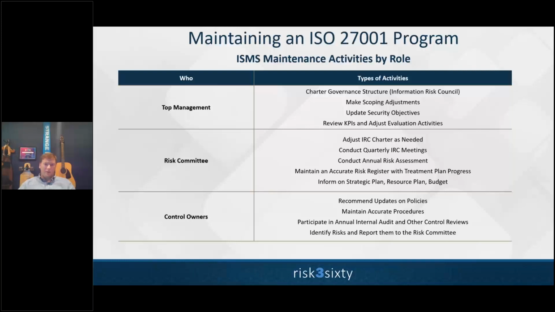Top management's also going to need to review KPIs and adjust evaluation activities. So if top management is not getting the right information, if they can't definitively say after a leadership meeting or an IRC meeting on security how the program is doing, the KPIs aren't right. Okay, so I want to let that sink in.